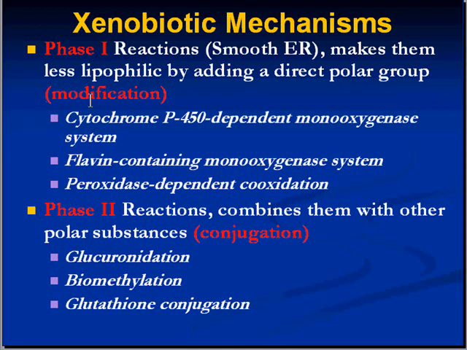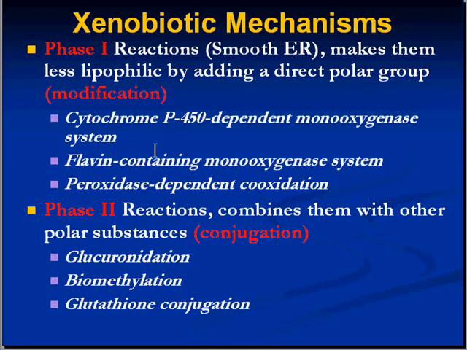One is to modify the molecule, phase 1, by adding a direct polar group onto the molecule, and the other is to conjugate it, which is called a phase 2 reaction, by virtue of combining it with another polar substance. There's a little bit of a difference here. In one case, you're adding something on. In one case, you're combining something.